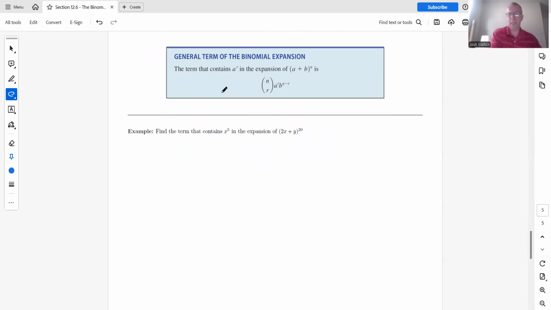So if we want to find the term that contains x to the fifth in this expansion, so that would just be 20 choose 5, and then of course a equals 2x, b equals y. And so we'd have 20 choose 5, 2x raised to the fifth, and then y raised to the 20 minus 5.